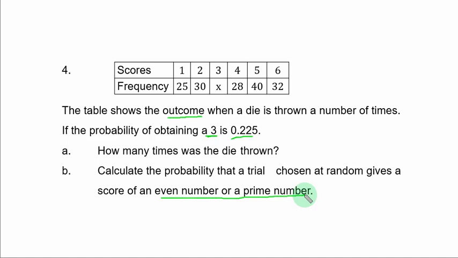So for us to know how many times, that is the sum of frequency, you need S. And information about score 3 is given. So this is to enable you find S before you can do any other thing in the question.